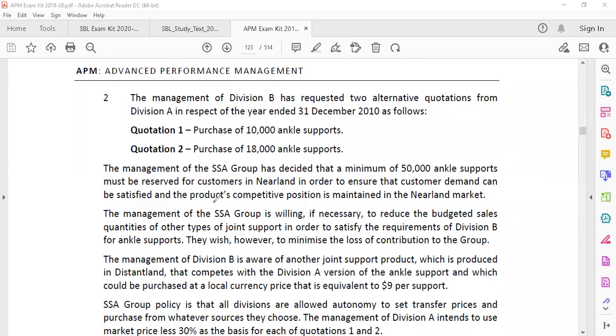The management of the SSA group is willing, if necessary, to reduce the budgeted sales quantities of other types of joint support in order to satisfy the requirements of Division B for ankle supports. They wish, however, to minimize the loss of contribution to the group. So I'll explain this particular situation.